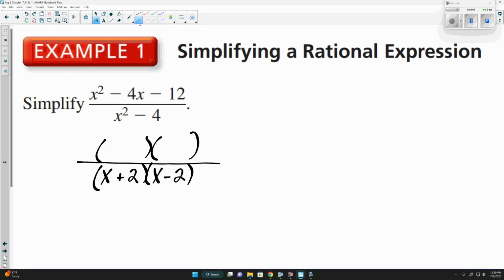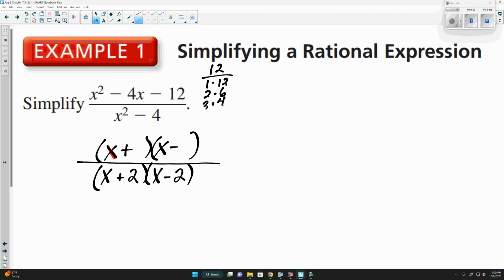Now with the numerator, we don't have a greatest common factor to factor out, so we can look at signs. Since the 12 is negative, the signs are opposite, positive and negative. The factors of x squared are x and x. Now we need to find the factors of 12. We have 1 and 12, 2 and 6, 3 and 4.